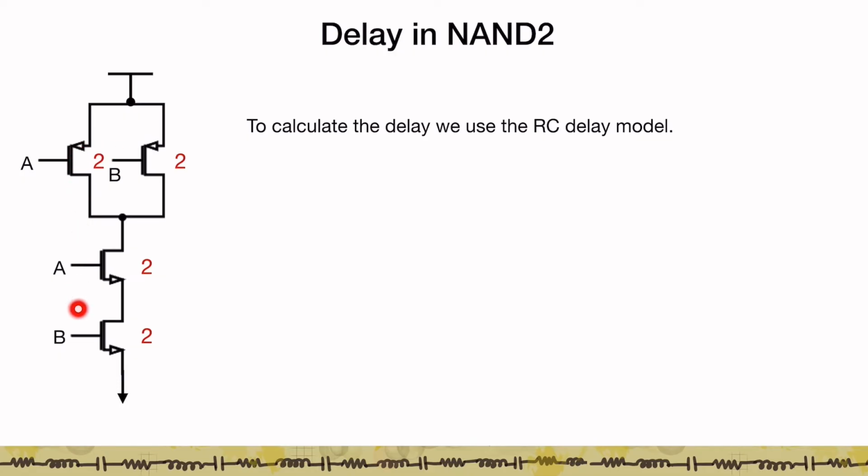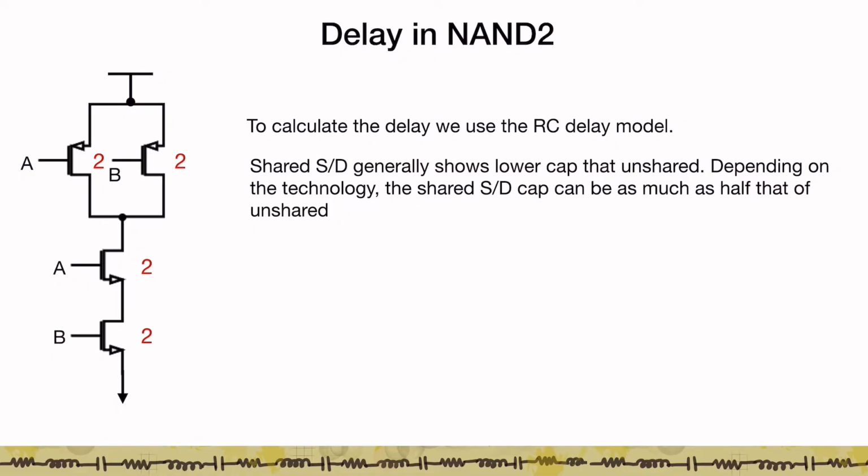Using this sizing, let's try and calculate the delay in this gate using the RC delay model. So this is again a NAND 2 gate, in which case pull down occurs only when both inputs are 1. Now a note to remember is that series transistors have a common junction present here.